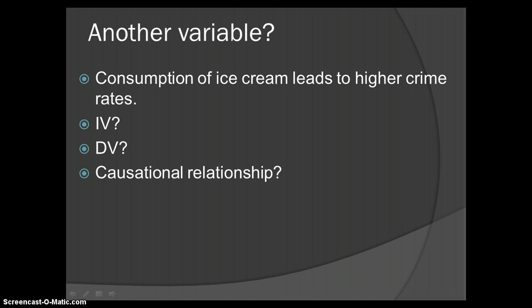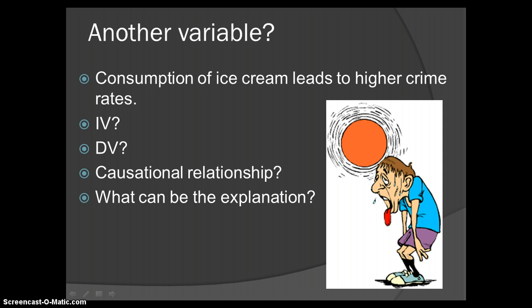Is there a causal relationship between these two variables? What can be the alternative explanation if there isn't a causal relationship between these two variables? Heat, perhaps? People consume more ice cream when it's hot. They're also more outside and more likely to get frustrated and quicker to aggress, possibly because of the heat.